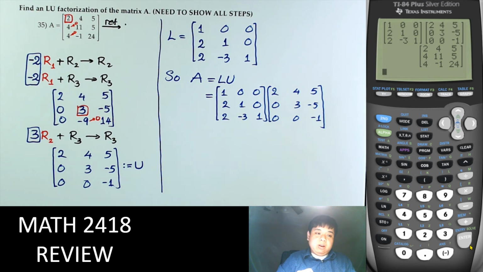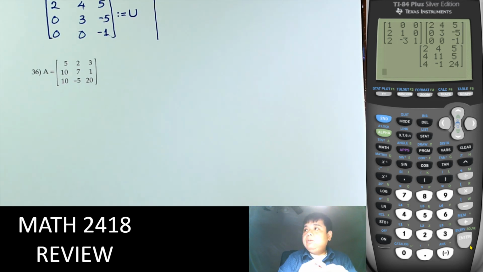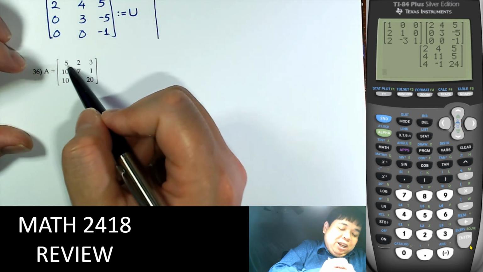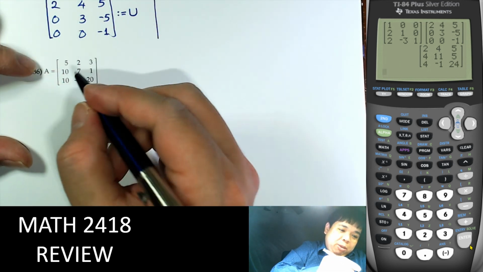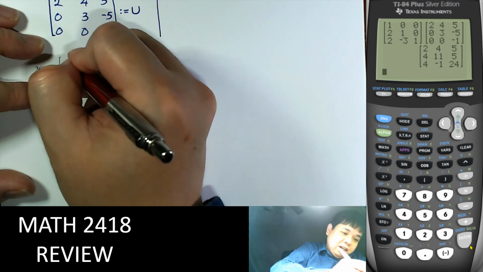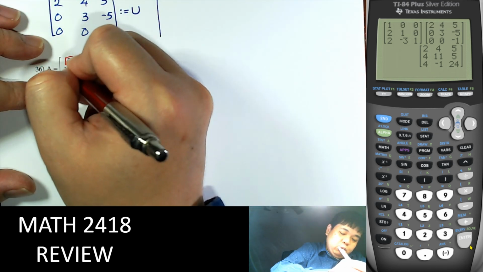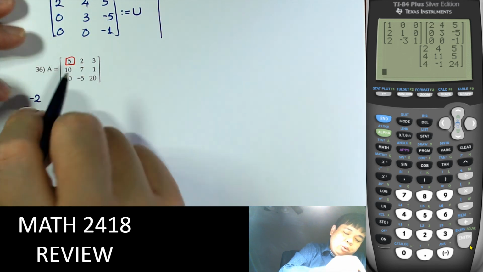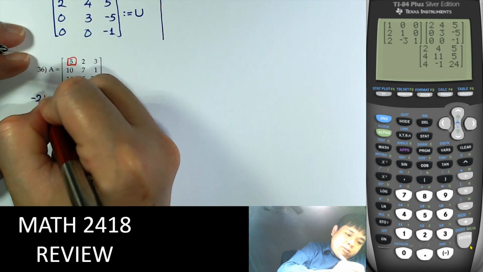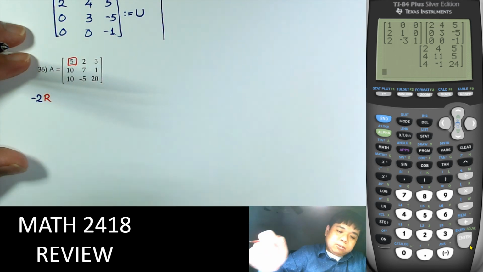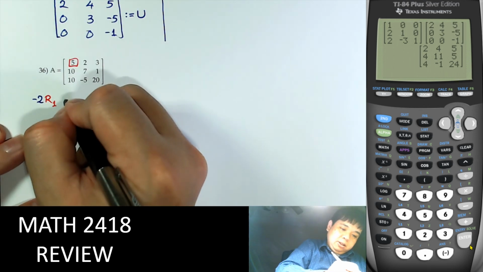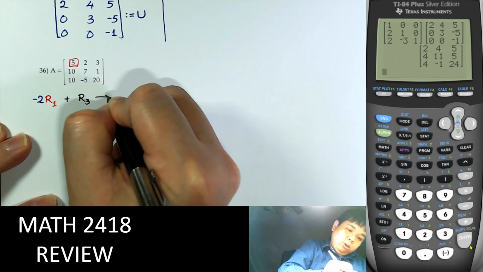Now we have another example here. But that looks familiar. Anyway, so we have the pivot here, and based on that we eliminate this to 0. So we're going to use the negative 2 times the pivot row, and then add and replace to row 3.